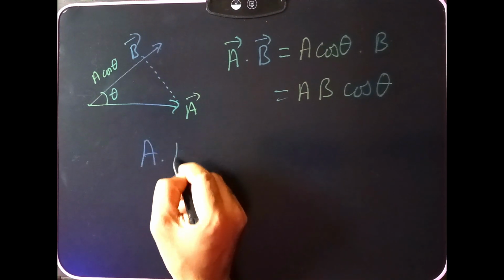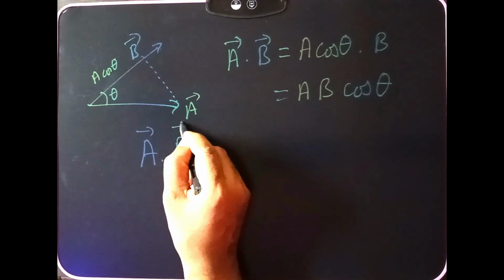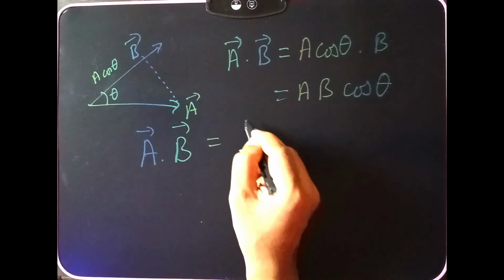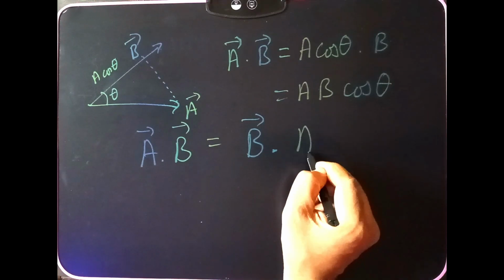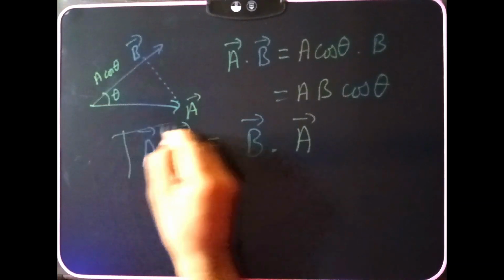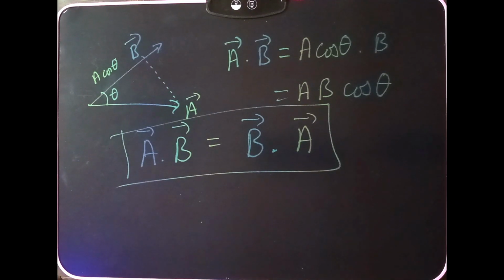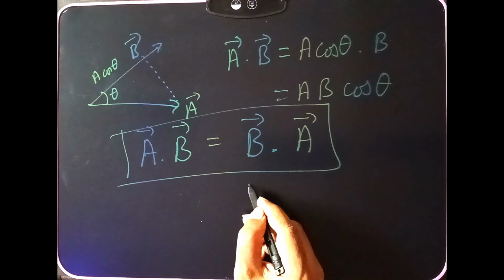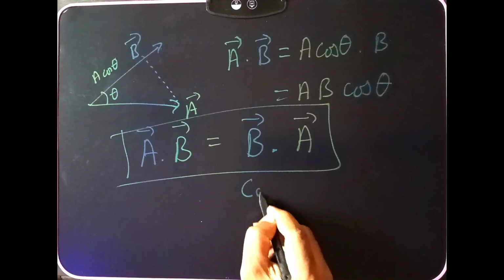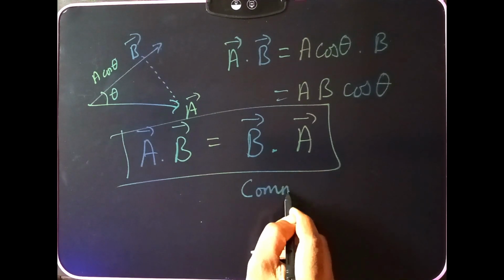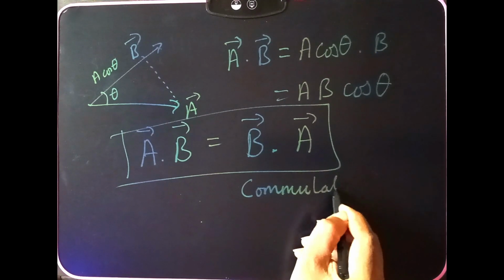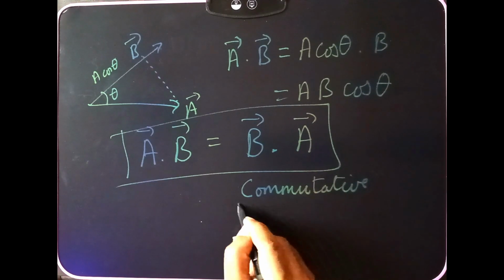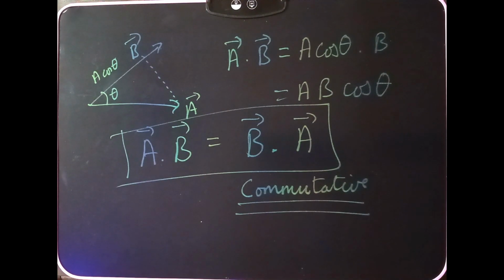That means A dot B is equal to B dot A. This is the beauty of a dot product. So we saw that dot product is commutative. Dot product is commutative.